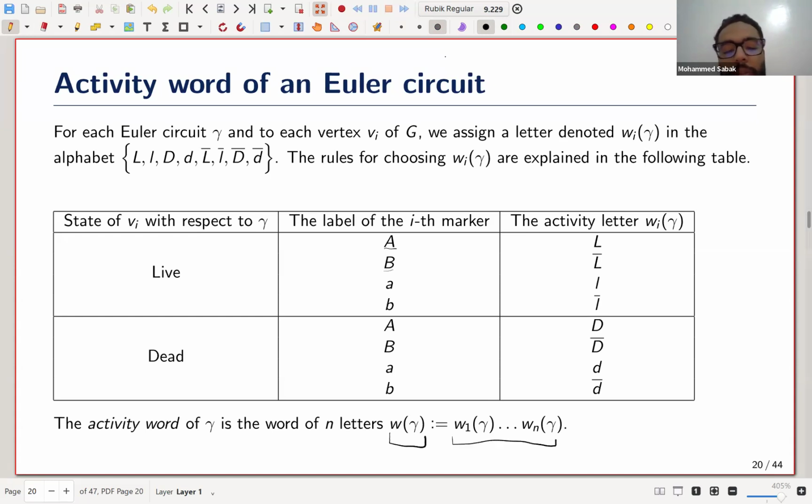Each letter corresponds to a different vertex, and n is, of course, the number of vertices.